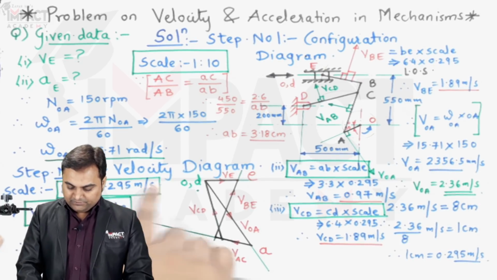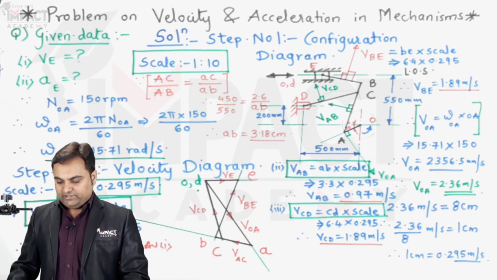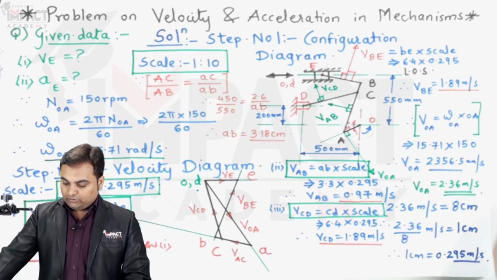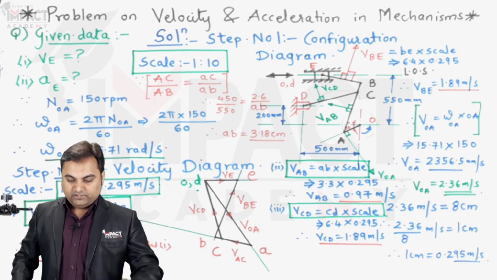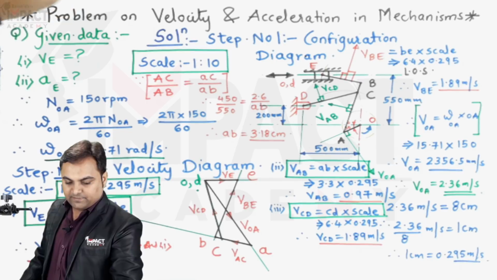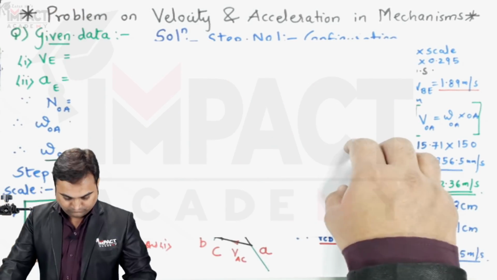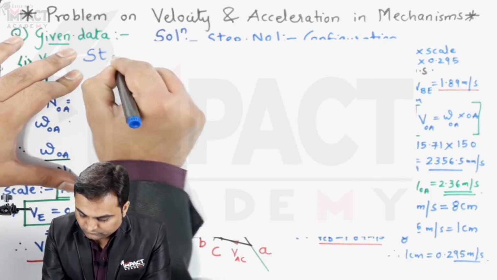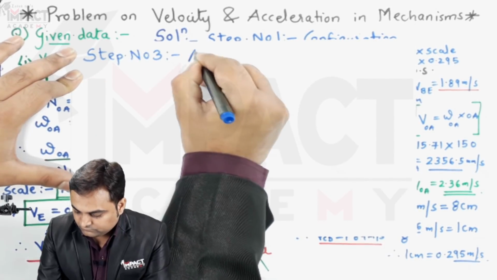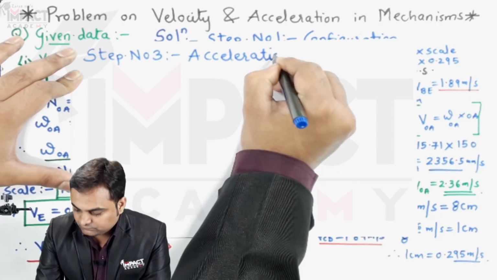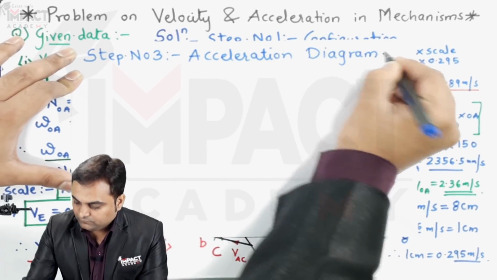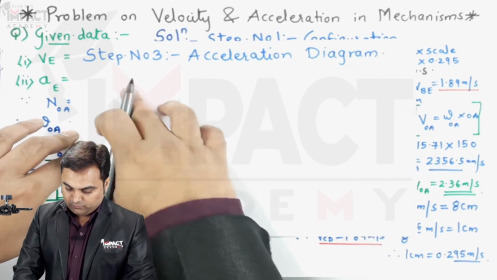Next, after completing the velocity diagram, I would be going for the acceleration diagram, and for that all these velocities are required. Now into the acceleration diagram, I'll explain. First we need to draw a table, which I'll draw here.